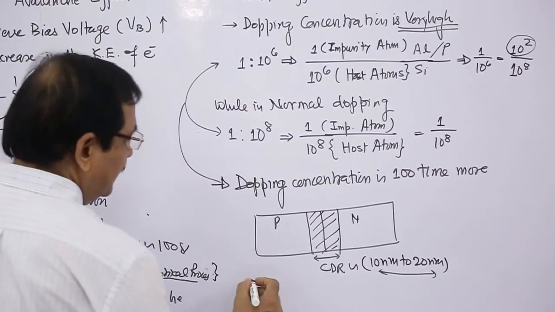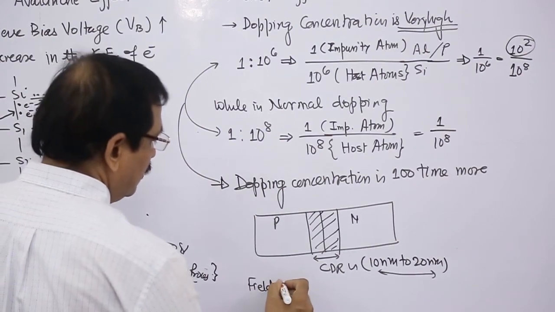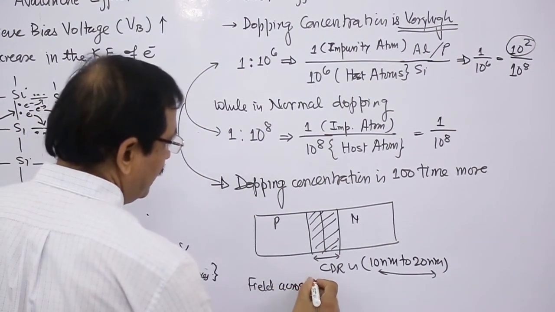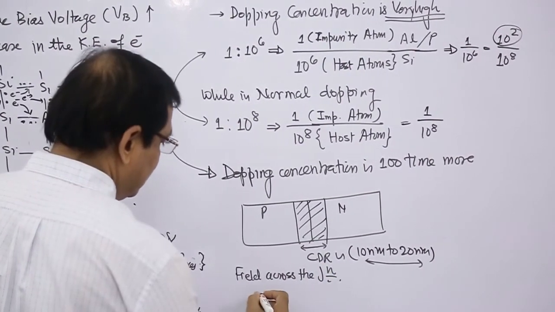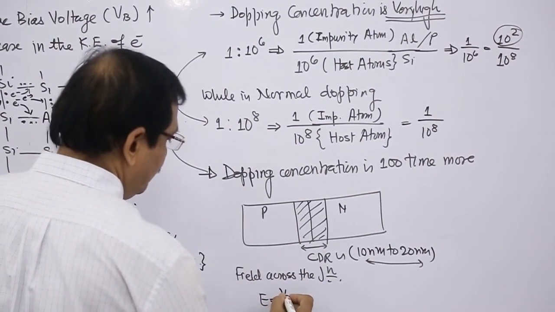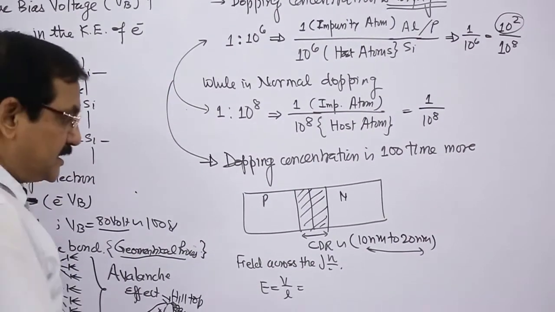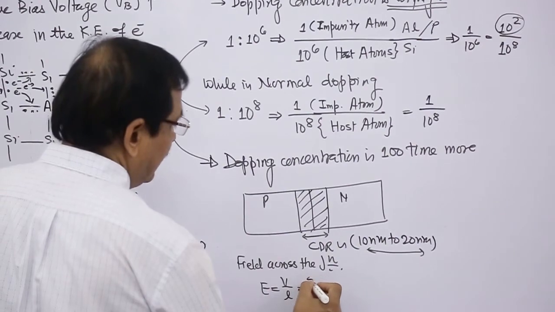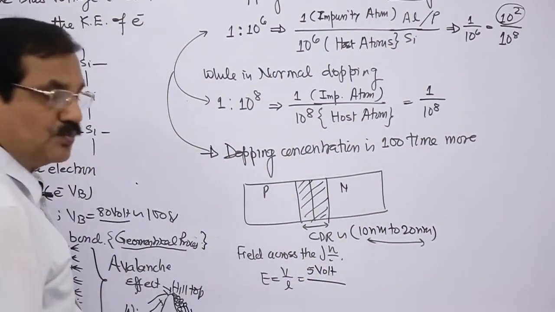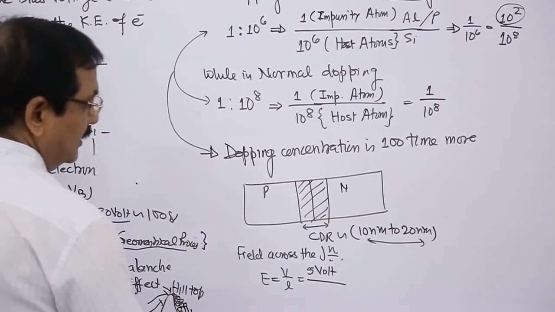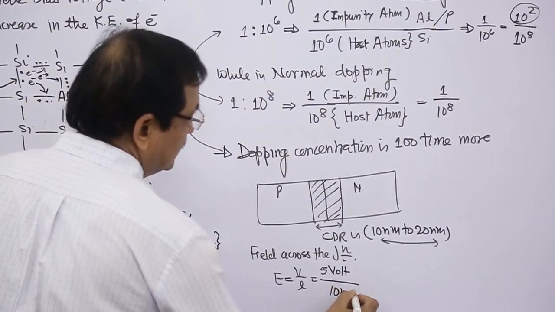So, what is the field across the junction? E is equal to V by L. What is V? Say 5 volt, a small applied voltage, and L is 100 nanometer.